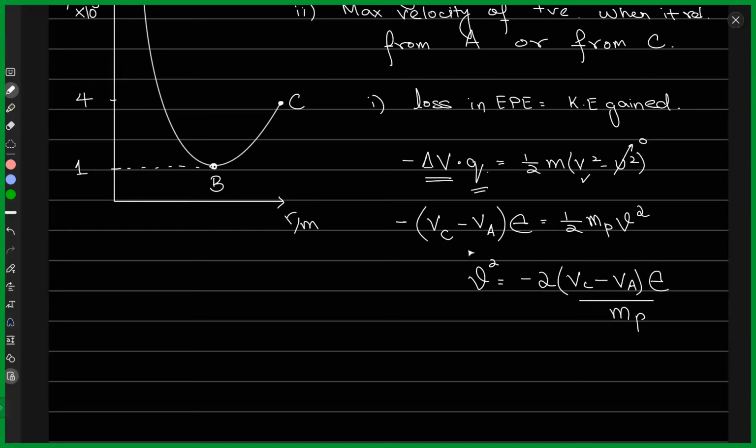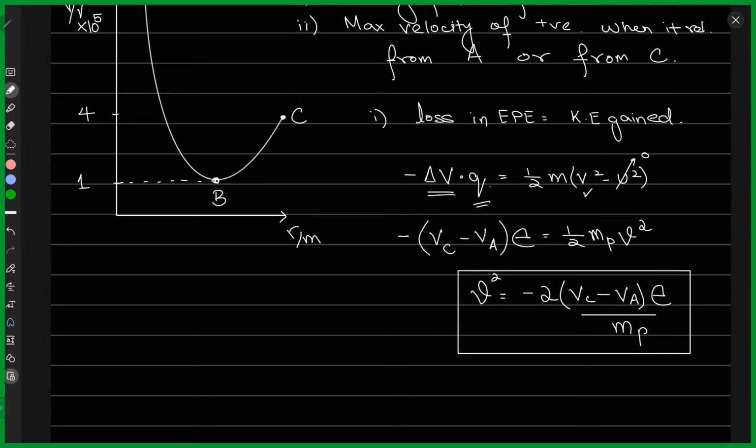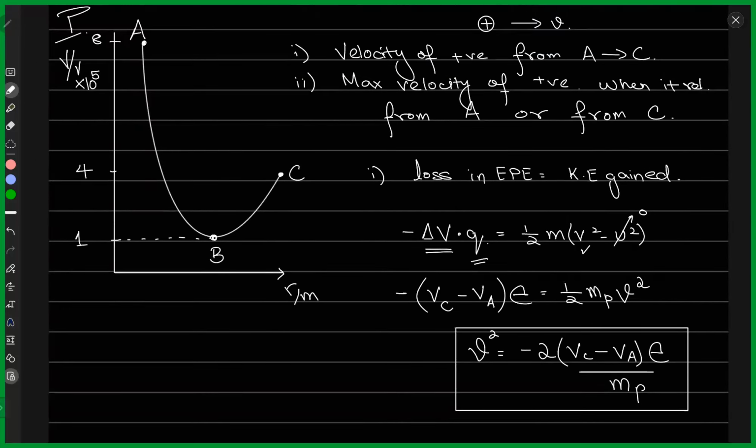So this is how you will compute the velocity of this particle, right? This is the speed of this particle as it moves from A towards C. So this is the speed that it would move with. Is this clear? Any question from anyone from this part?